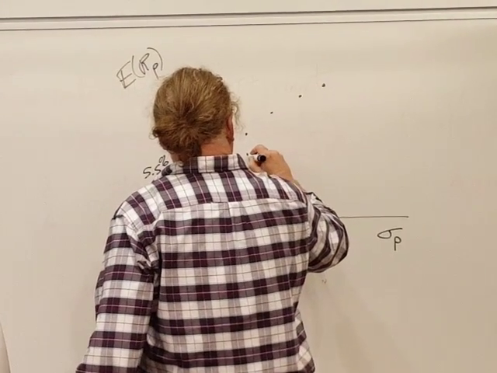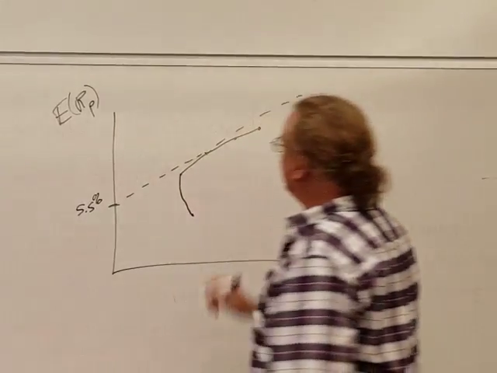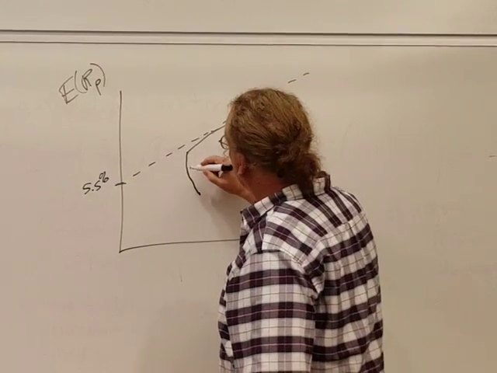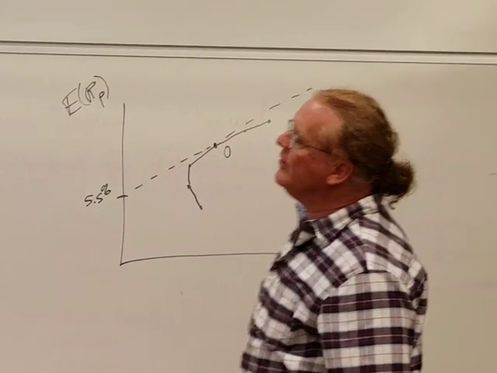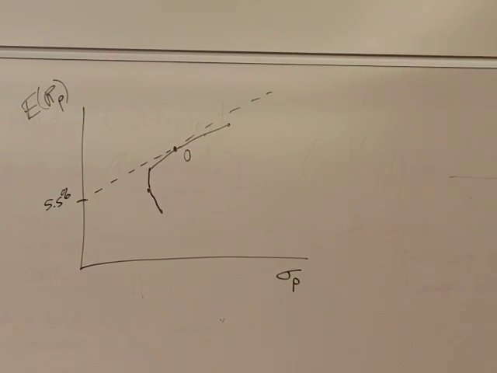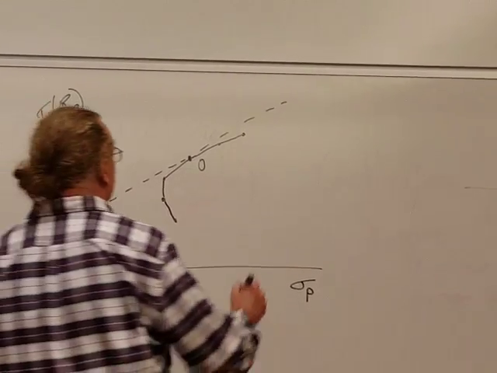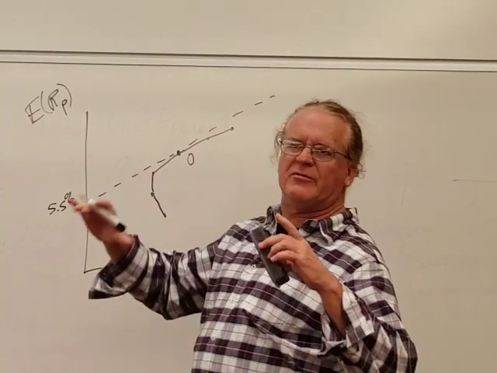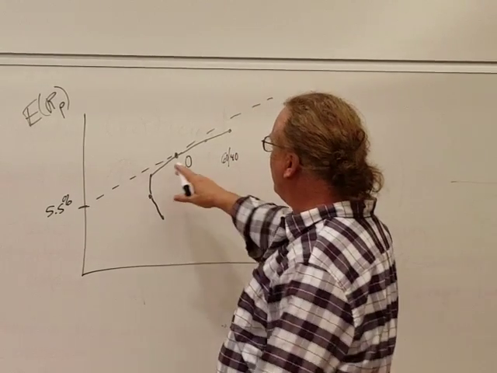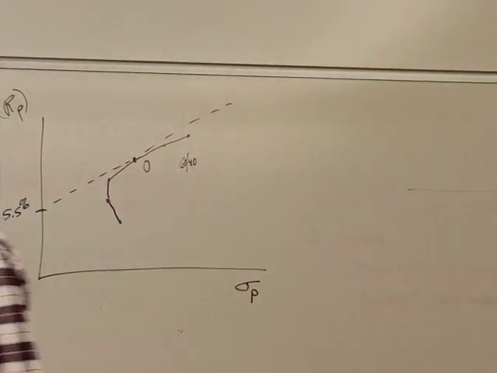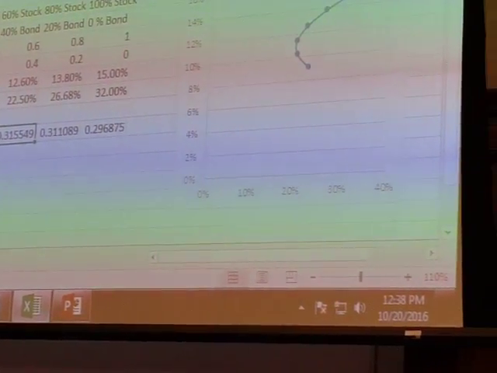So this is your efficient frontier. And here's your capital allocation line, and it's going to be tangent to that efficient frontier right here. So here's your optimal portfolio, and that one is at 60% stocks, 40% bonds. That's just choosing from those 6 possibilities. If we did some kind of optimization there, we might come up with a slightly different number. But I'm not going to ask you to do it for this one. All right, any questions on that?